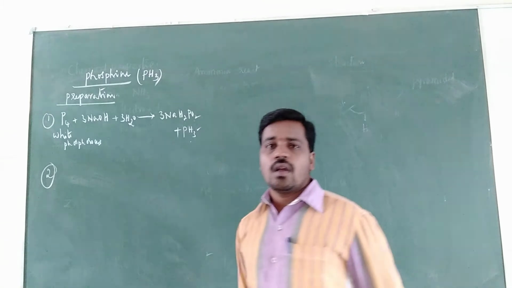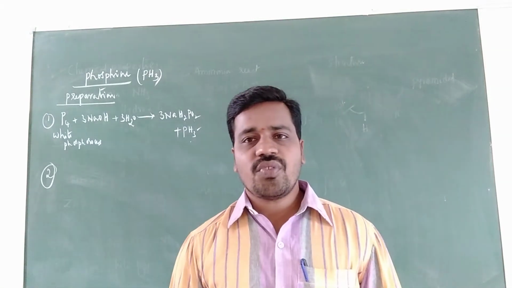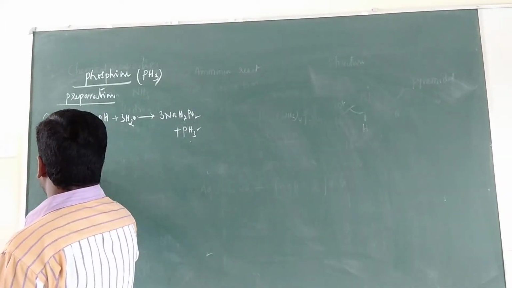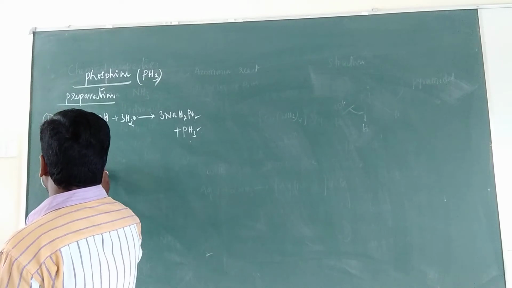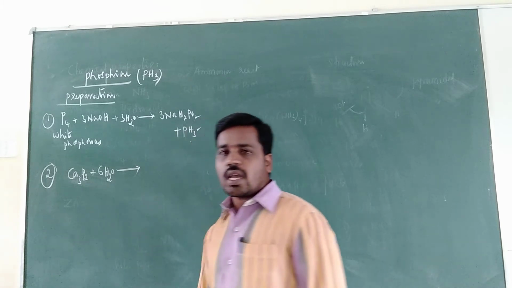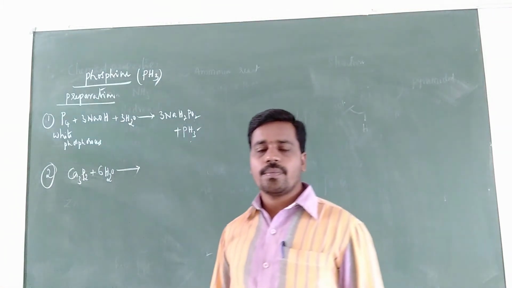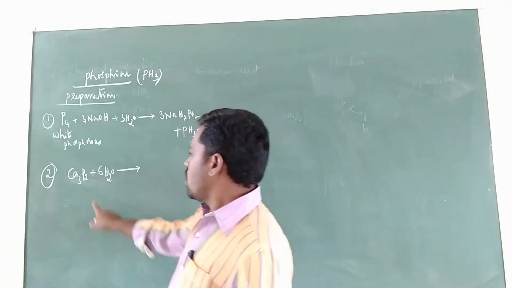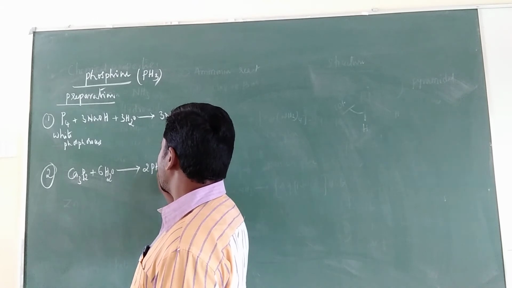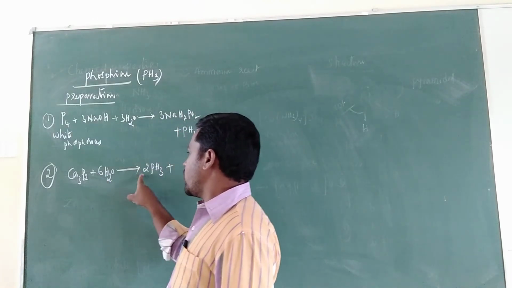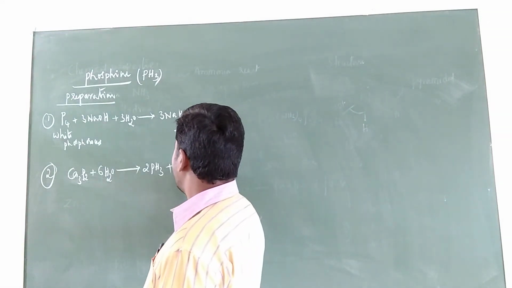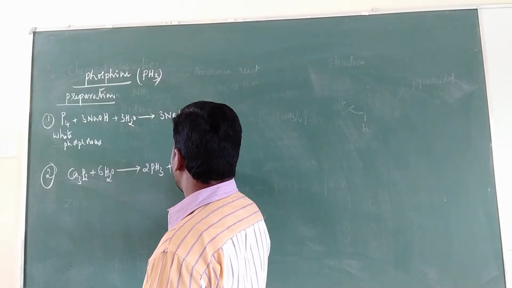And the second one, how is it formed? Calcium phosphide reacts with water. What is the formula for calcium phosphide? Phosphine is formed. How many phosphorus are there? 2, so we will write 2PH3. Among 12 hydrogens I have written 6. Remaining how many hydrogens will be there? 3 Ca(OH)2, taken twice.